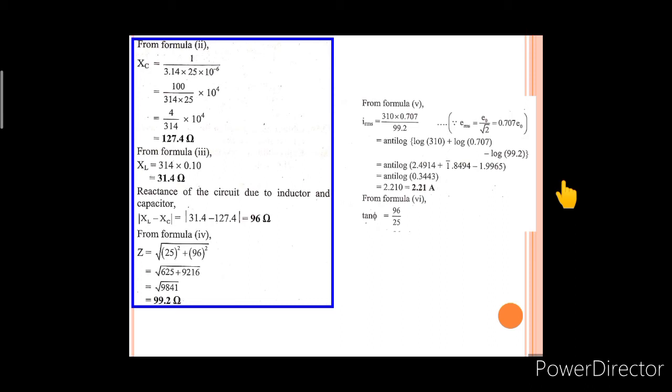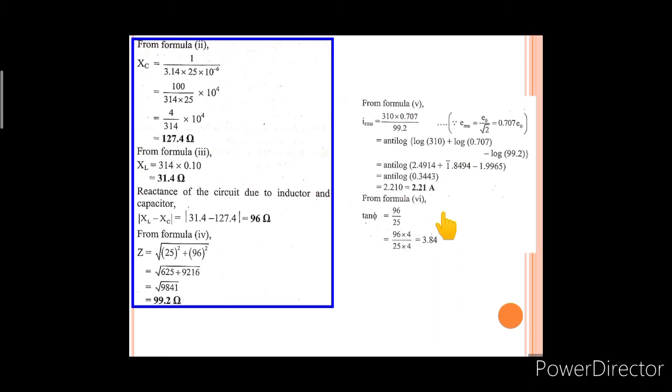Then by using the sixth formula, which is tan phi is equal to XL minus XC upon R. As the XL minus XC magnitude we had obtained as 96 ohm, R is given as 25 ohm. So we have to substitute the values here, and we have to write it as 96 upon 25.